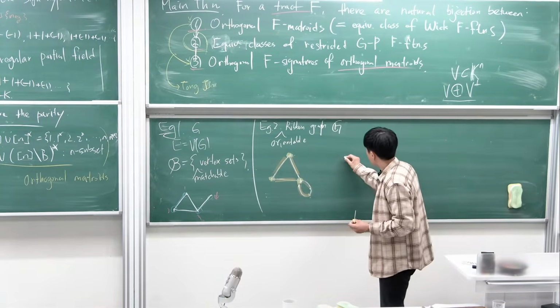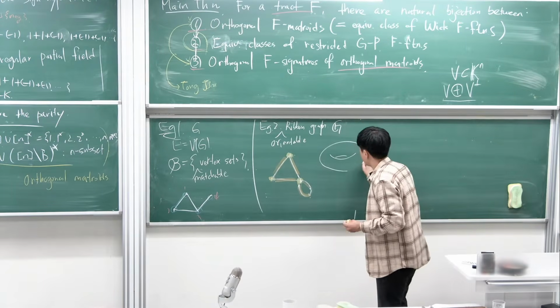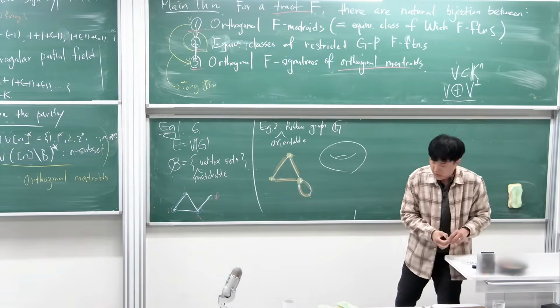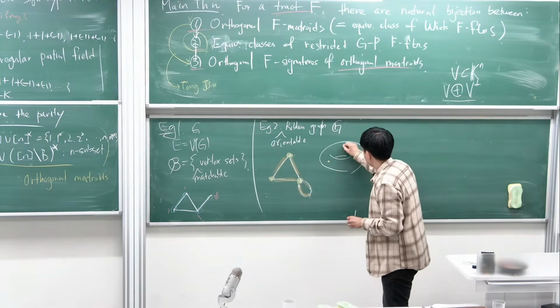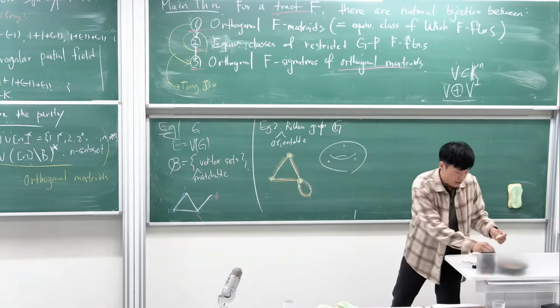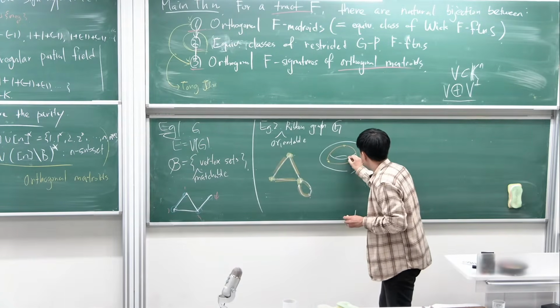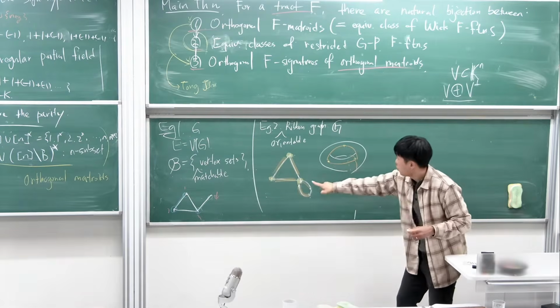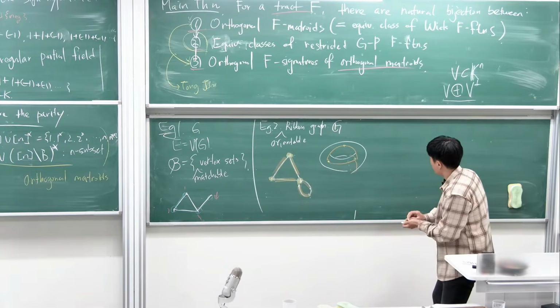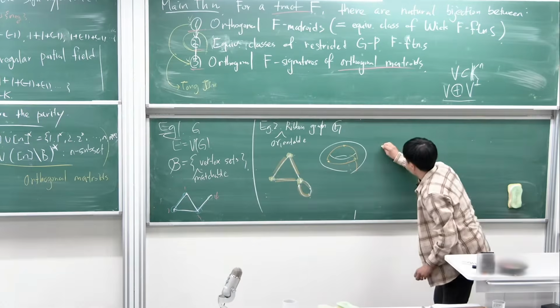What I mean is, you may embed our vertices here, and then the edges look like this, and in this way you may draw our graph.